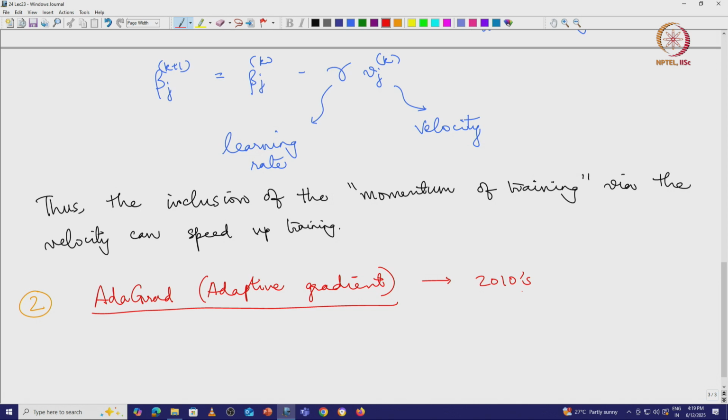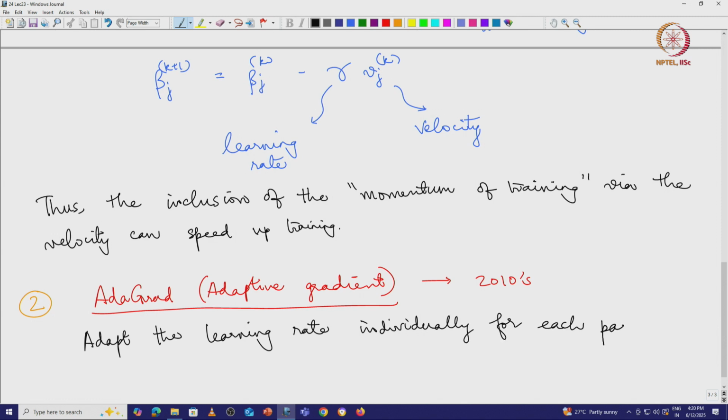So, here instead of having a momentum vector, we adapt the learning rate individually for each parameter based on the cumulative sum of past squared gradients.